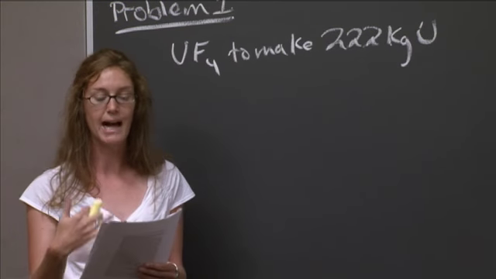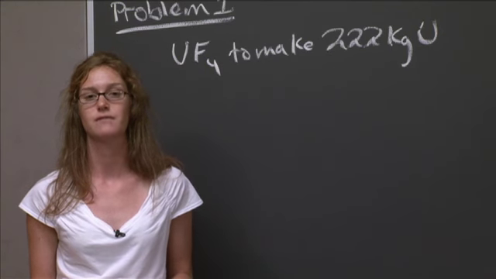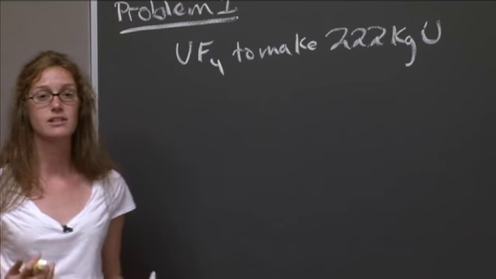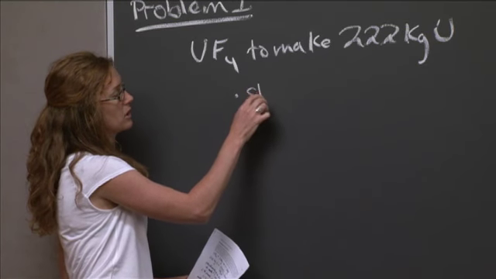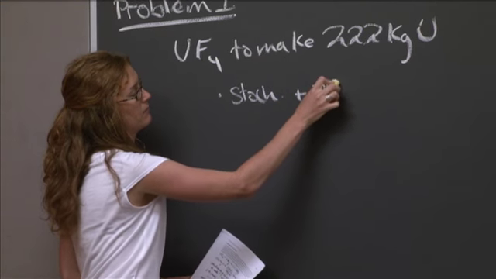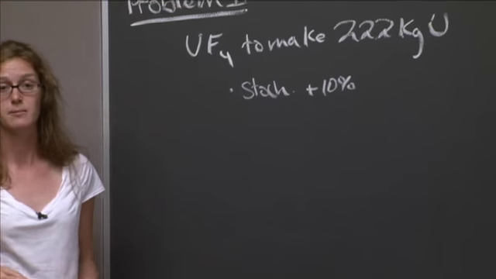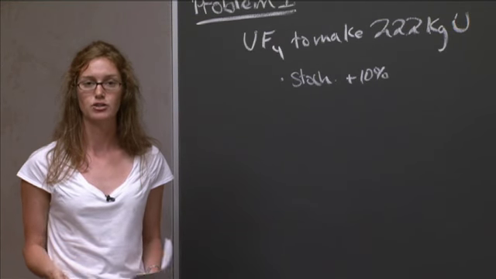The sentence before that also gives us very important information. It tells us that we need the stoichiometric equivalent plus 10%. That's very important to keep in mind because, as you'll see later, that's where a lot of people got tripped up on this problem.